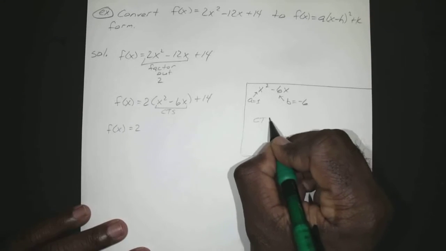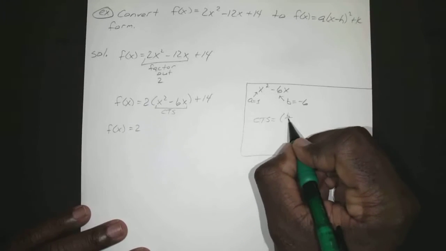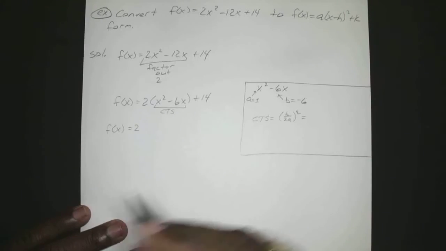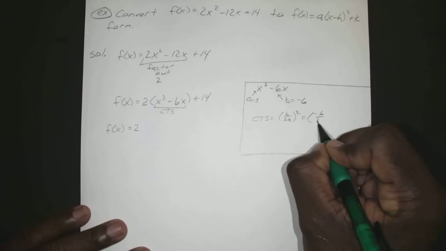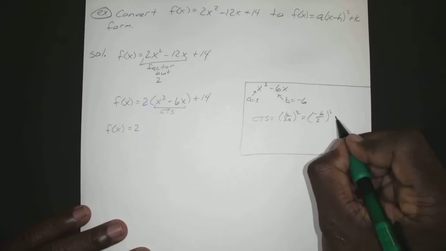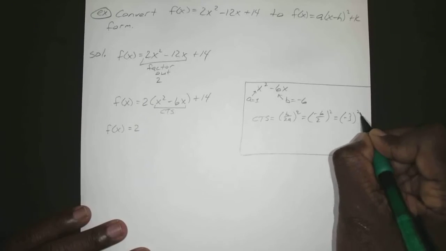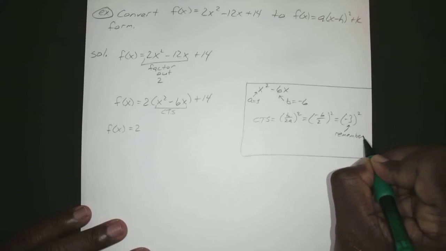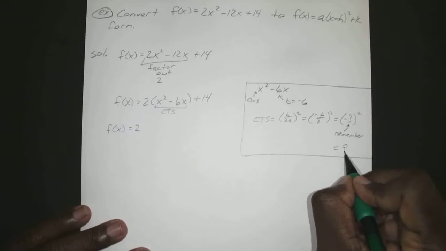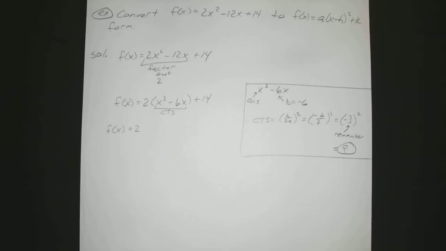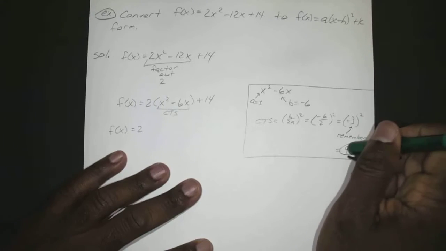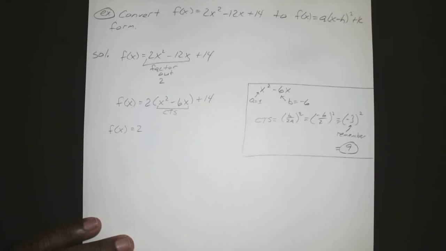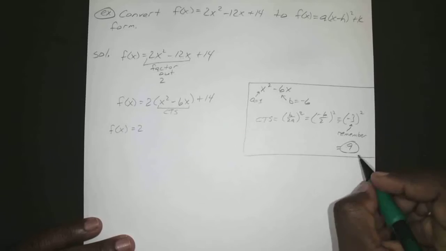Okay, so you're completing the square, which is b divided by 2a, squared, is going to equal negative 6 divided by 2 squared, which is negative 3 squared. Remember, before you apply the square, you want to remember that one, which ends up being just 9. So that means you're going to add and subtract 9.